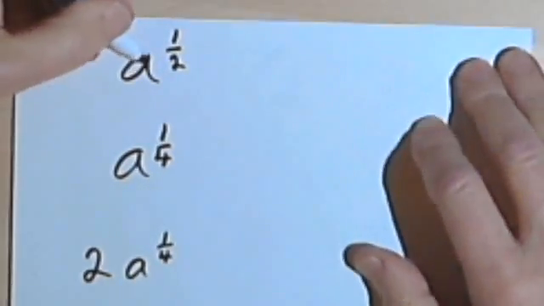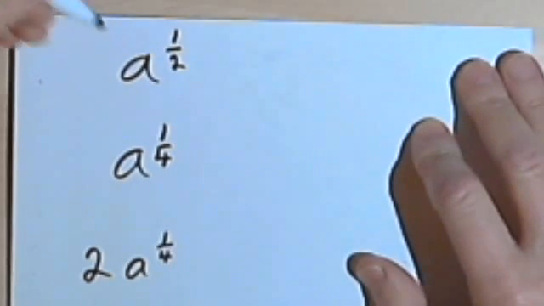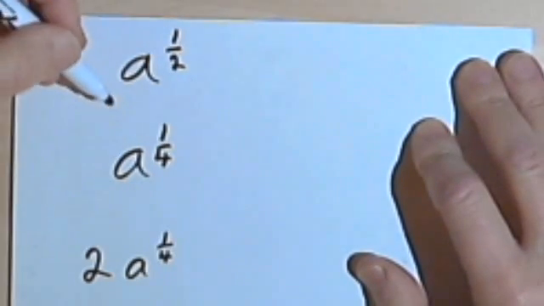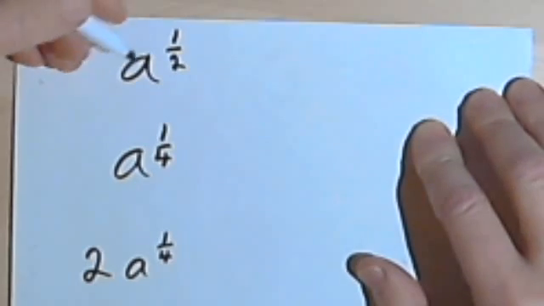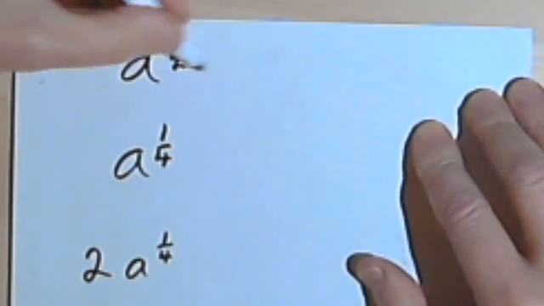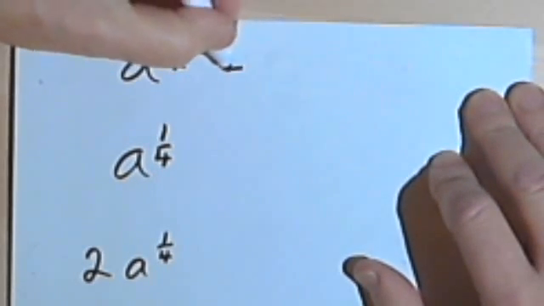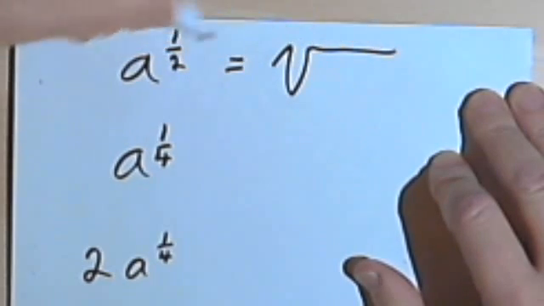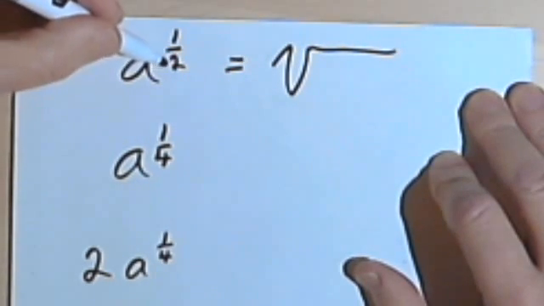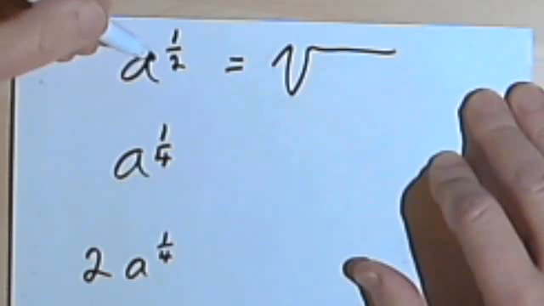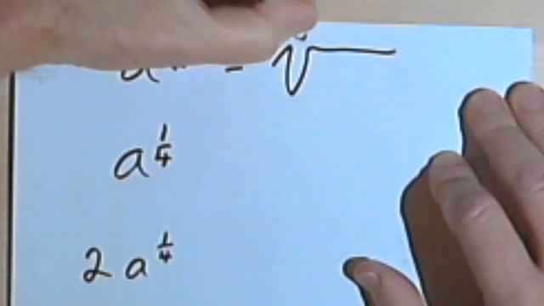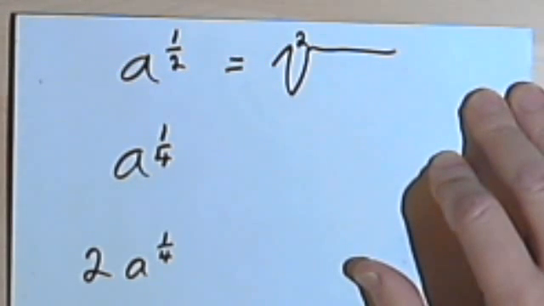Okay, so here I've got a to the 1/2, and I want to convert that. My instructions are to convert that to a radical expression. So we know that we're going to have a radical sign, and the index is going to be 2. In other words, we're going to have a square root, and we can write that 2 or not. That's optional.